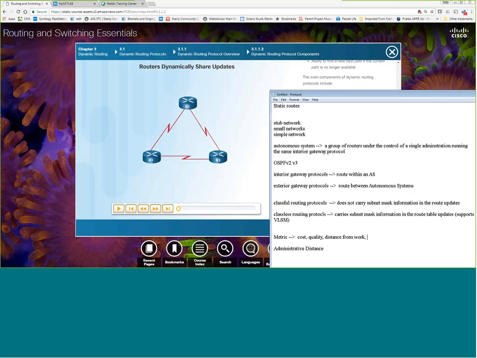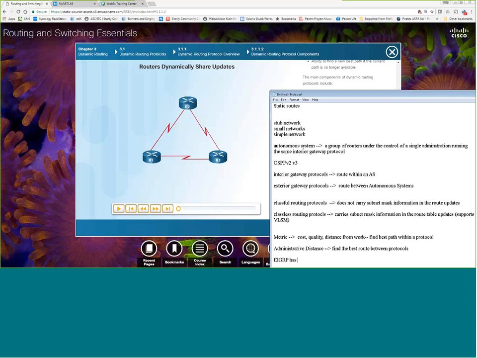Those could all be metrics of how we pick one Mexican restaurant from another. So metrics are how you find the best path within a protocol. Administrative distance is how you find the best route between protocols.